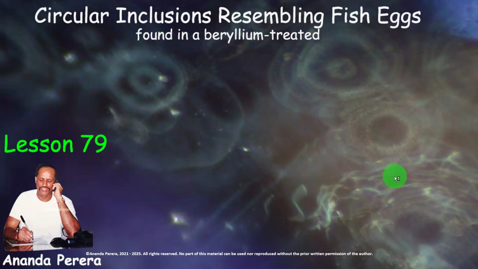This is the well known fish eggs. You know, in an earlier lesson, I taught spiral inclusions also there. Look at this. This is a very special thing, fish egg like.